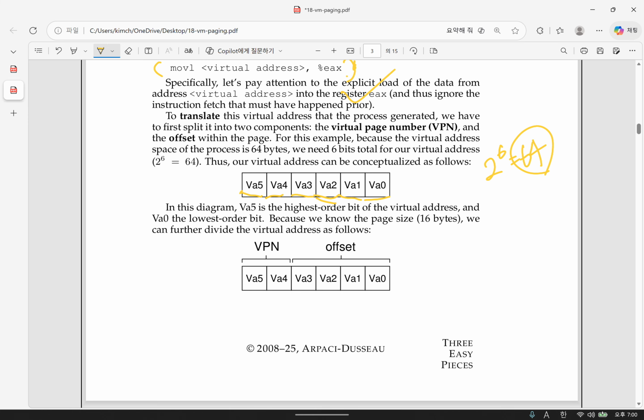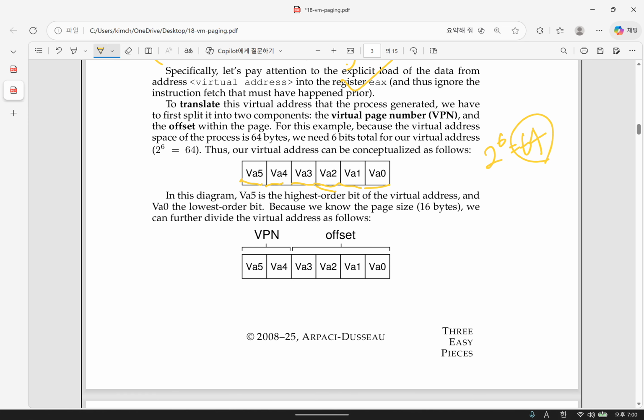VA5 is the highest order bit, and VA0 is the lowest order bit. We know the page size is 16 bytes, so each page has 16, which is 2 to the 4 addresses. 16 addresses can be represented by 4 digits. So that's the offset within the page.